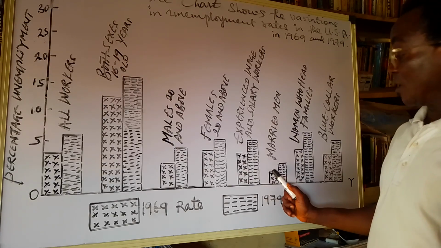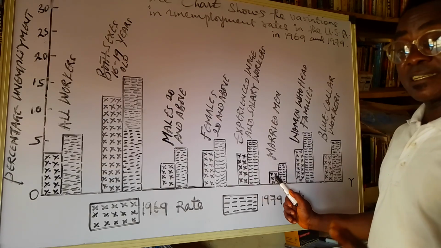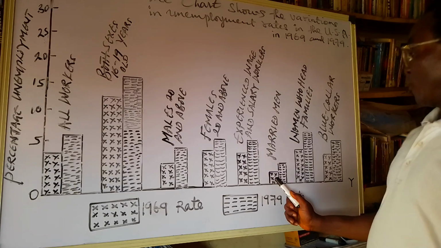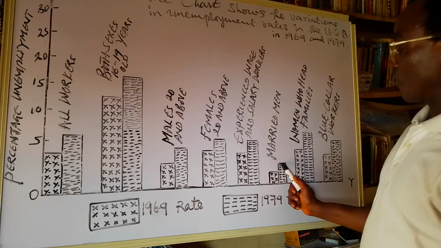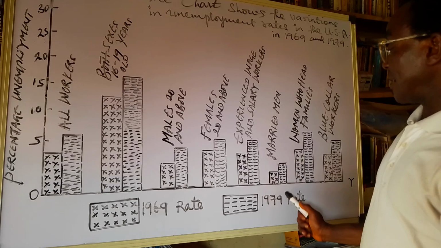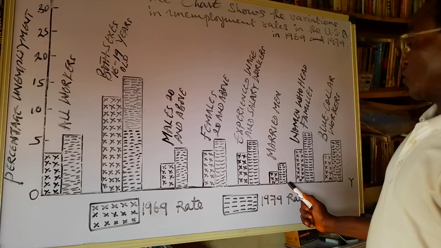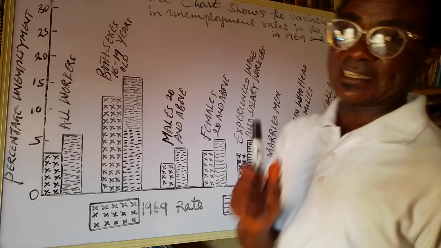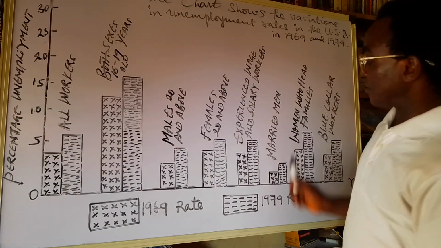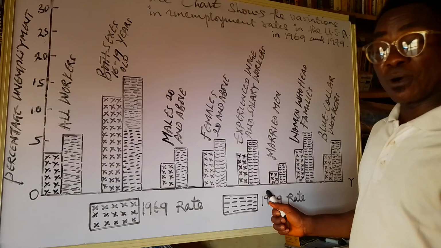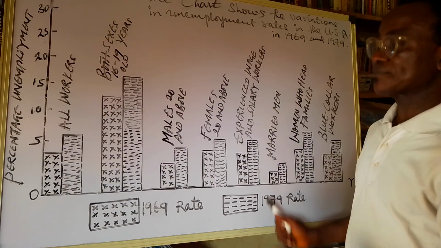Only 2% of married men were unemployed in 1969, while about 3% of them were unemployed in 1979. So in both 1969 and 1979, married men recorded the lowest rate of unemployment.